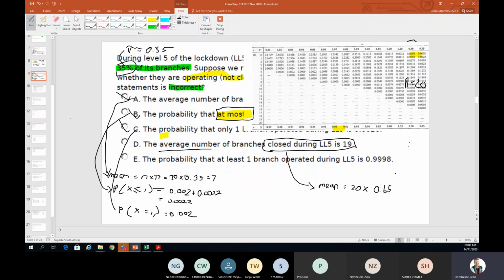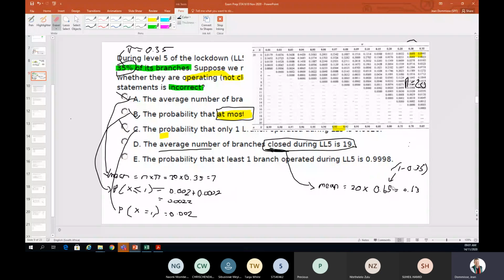So we're looking here specifically at closed, and that will be equal to 13. 20 times 0.65 is 13.